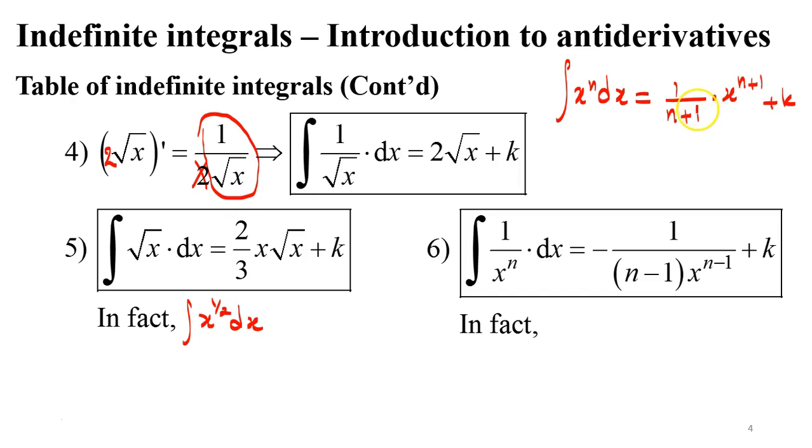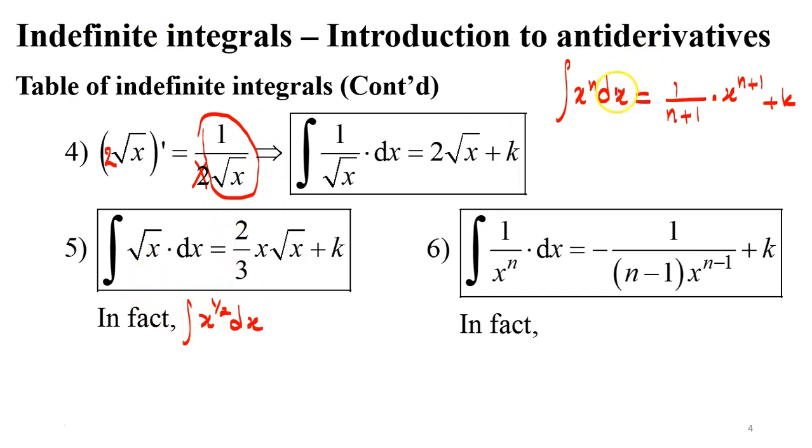And similarly, when you're finding the derivative of a power, you multiply by the original exponent, while when you find the integral of a power, you divide by the new exponent. So you'd notice it's all reversed. And that is the concept of integrating, which is reversing the derivative.